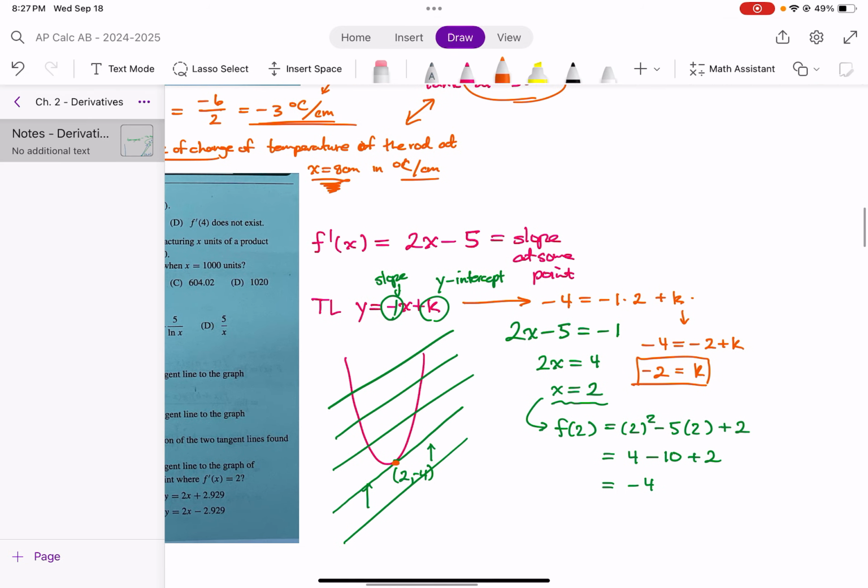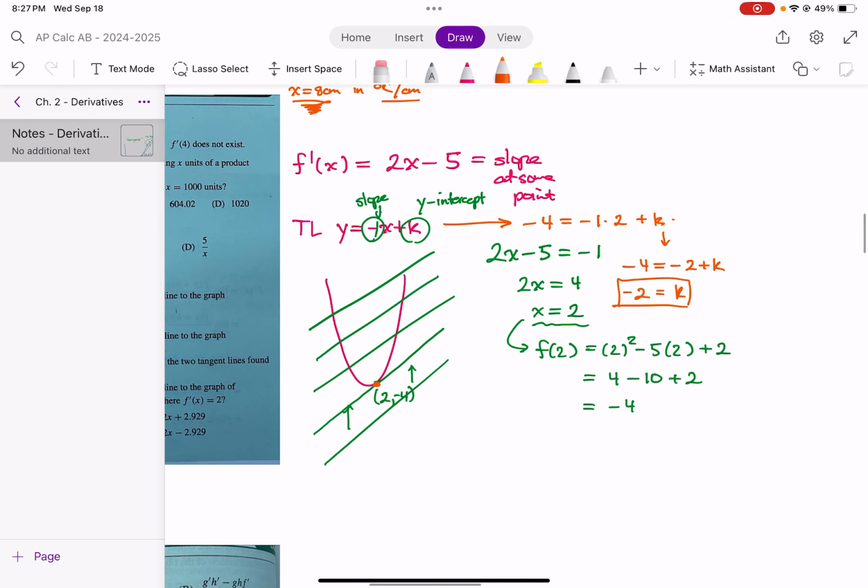Now, there might be another way to do this. If you think back to when I had you guys find a tangent line to a quadratic, you could do this fully algebraically using that really complicated method I showed you one day in class. And once we learned the definition of the derivative, we basically threw it away.